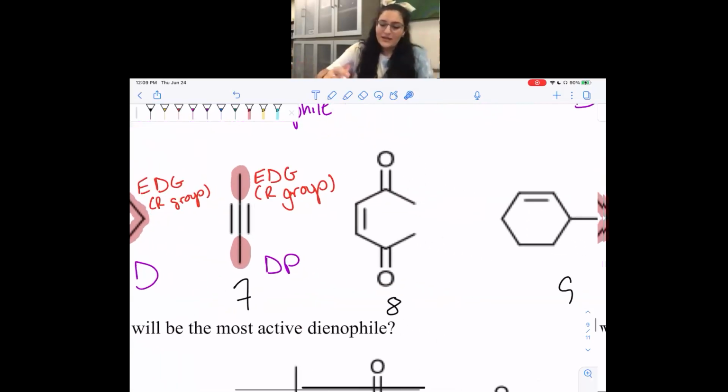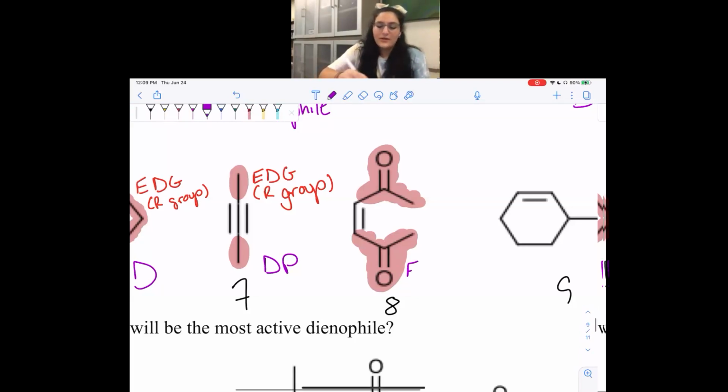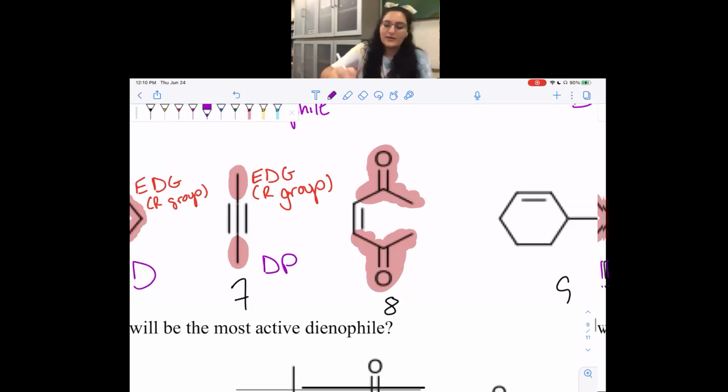Cool. So this next one, substituent, substituent. So these substituents are what kind of groups? Electron withdrawing, and why are they withdrawing? Because of the carbonyl, exactly. So the carbonyl, this double bond is withdrawing.